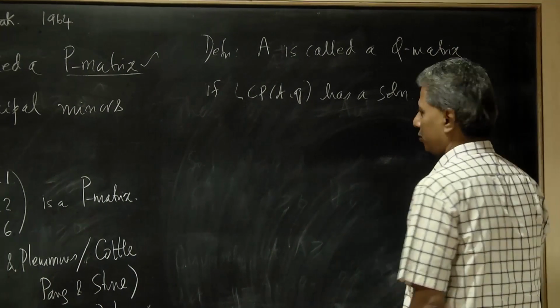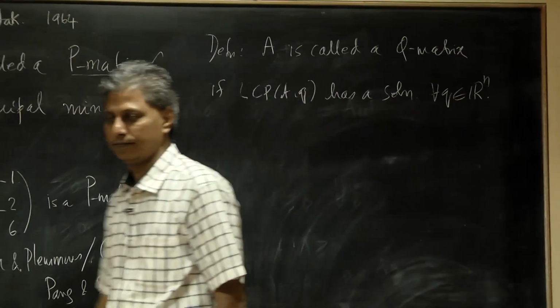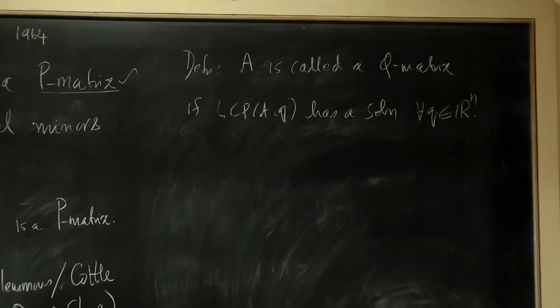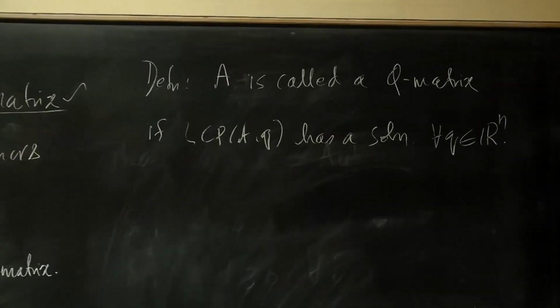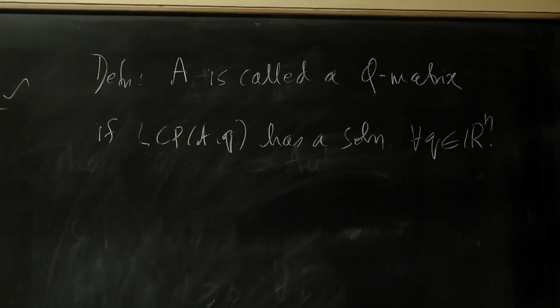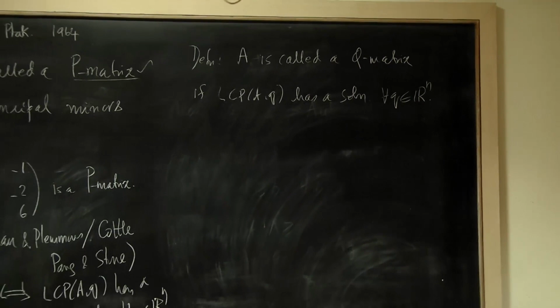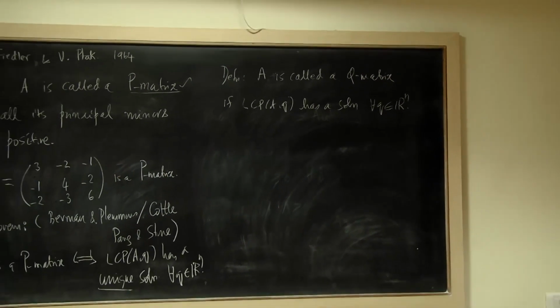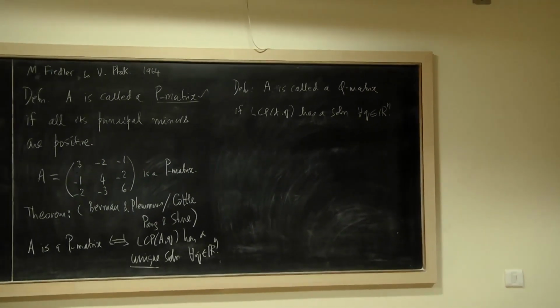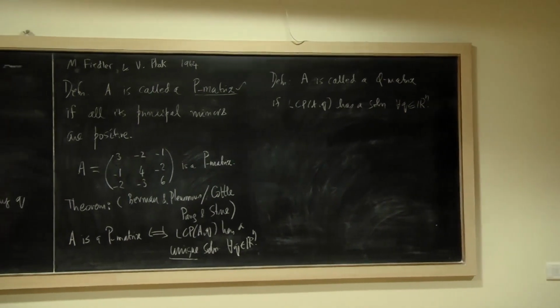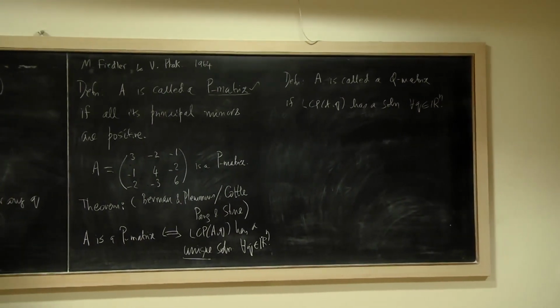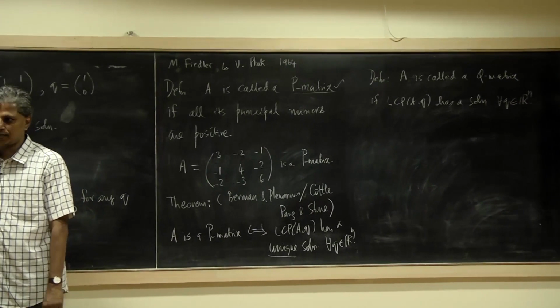You don't ask for a unique solution. But what kind of definition is it? It's difficult. There is a unique X. No, solution is this X. And so there is a unique X for which these constraints are satisfied.